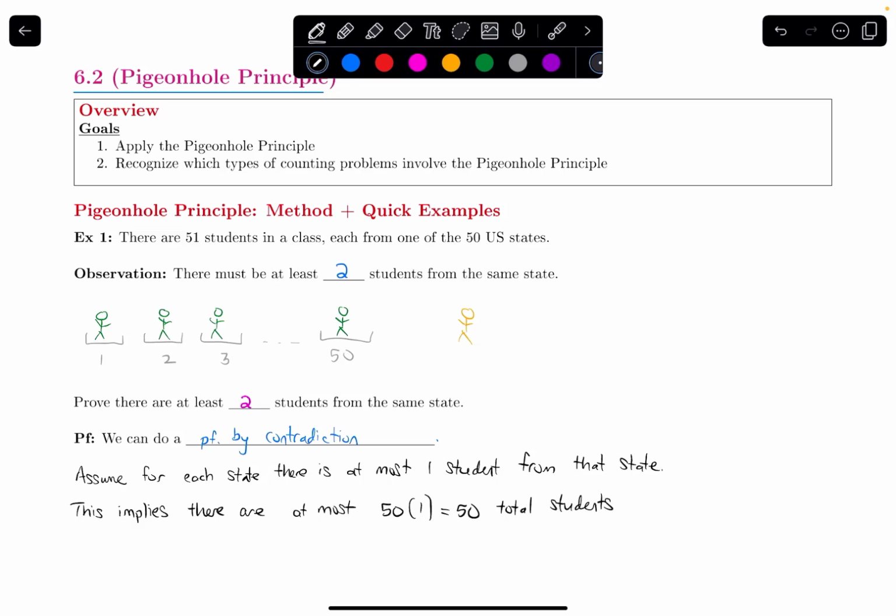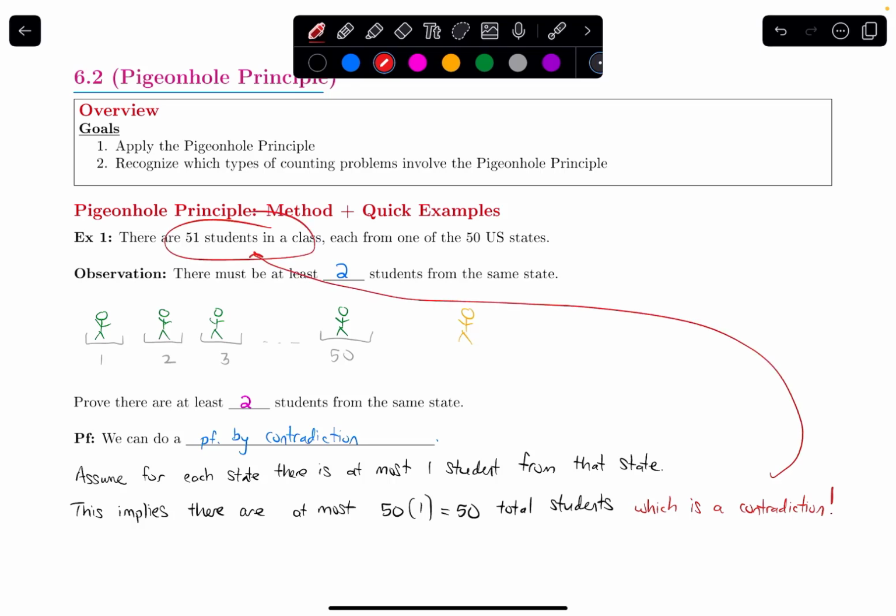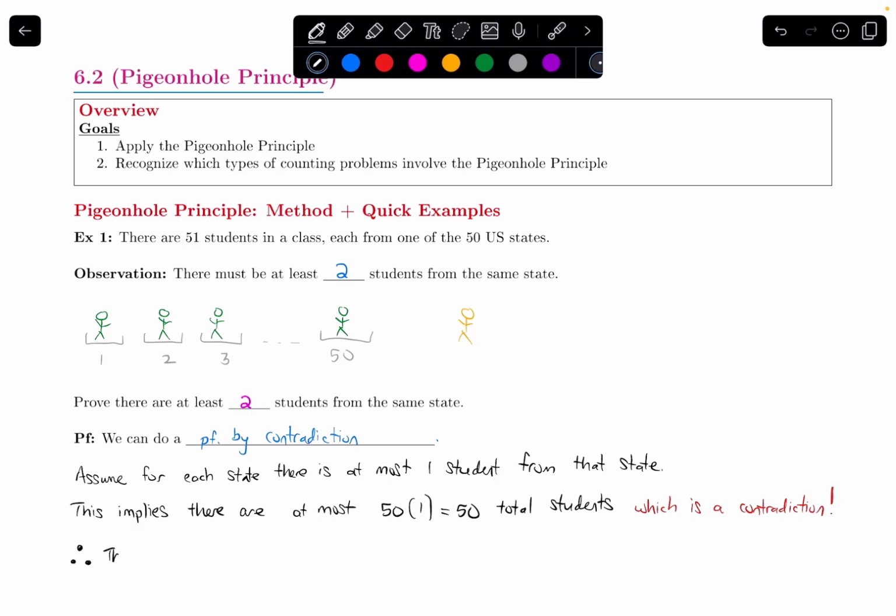But that would be a contradiction because the problem says that there's supposed to be 51. That is a contradiction. So therefore, there is some state with at least 2 students from that state.